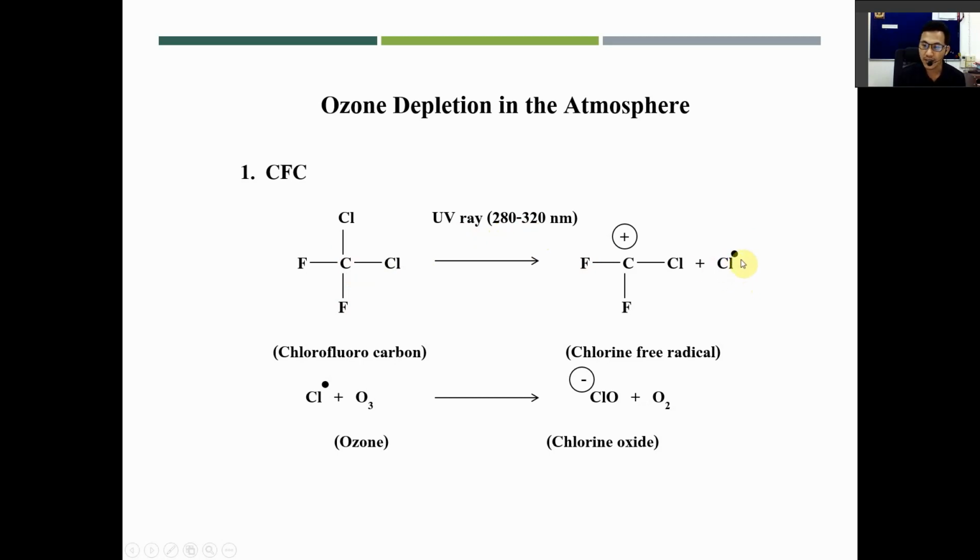But this one is really important because it is a kind of free radical that can activate a chain reaction, because it can break down ozone and change it into oxygen, and this happens in a chain reaction, so it just keeps going, and eventually the ozone gets destroyed more and more.